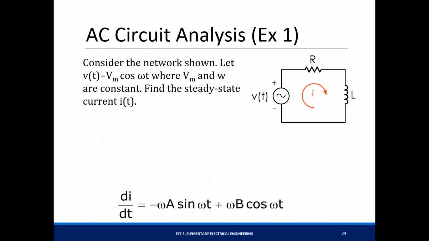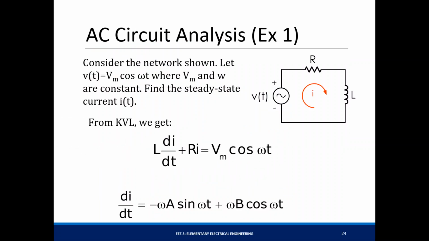Okay, so let's have an example. Consider the network shown. Let v of t be Vm cosine omega t, where Vm and omega are constant. Find the steady state current i. By doing KVL in this loop, let's let the current direction be in this direction.